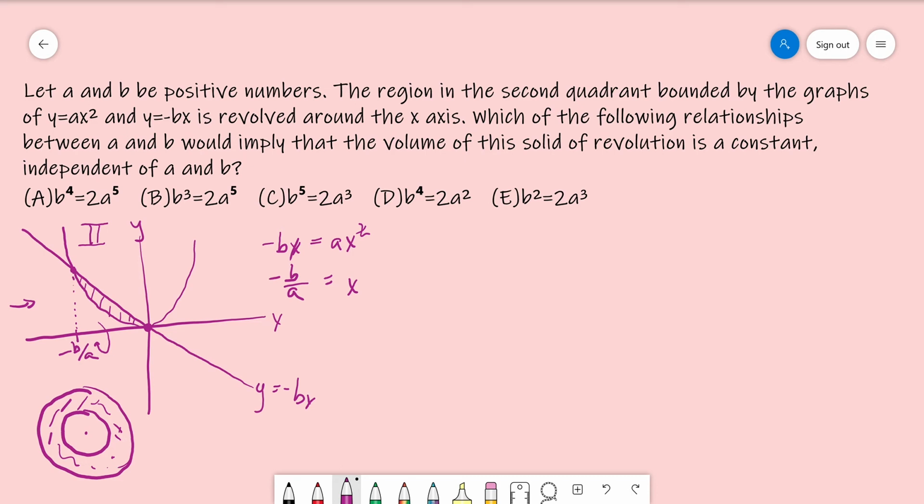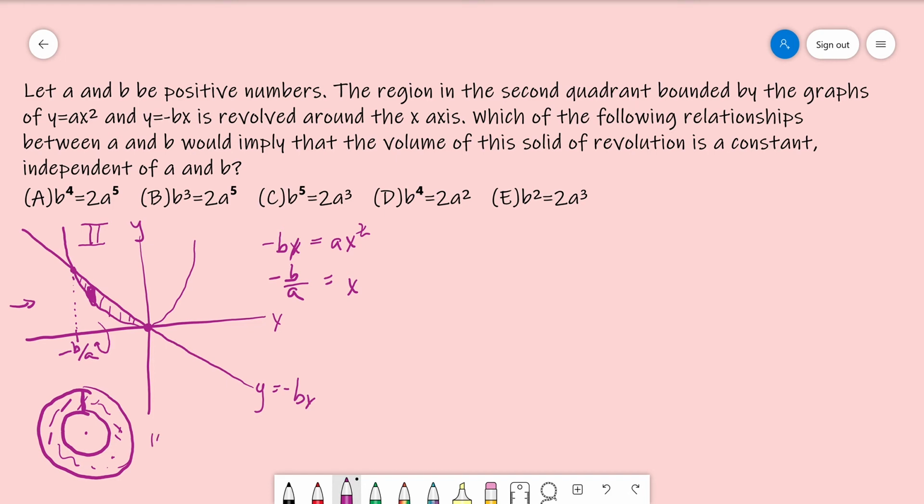If we just take one slice of this area, then the area of that slice, after we revolve it around the x-axis and look at it from where this arrow is pointing, is going to be the area of the big circle minus the area of the little circle.